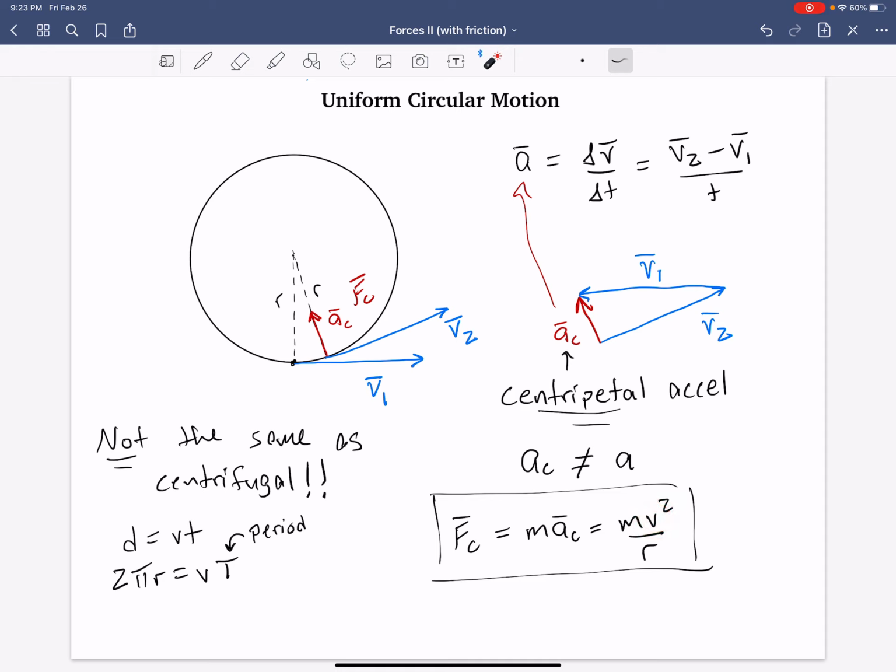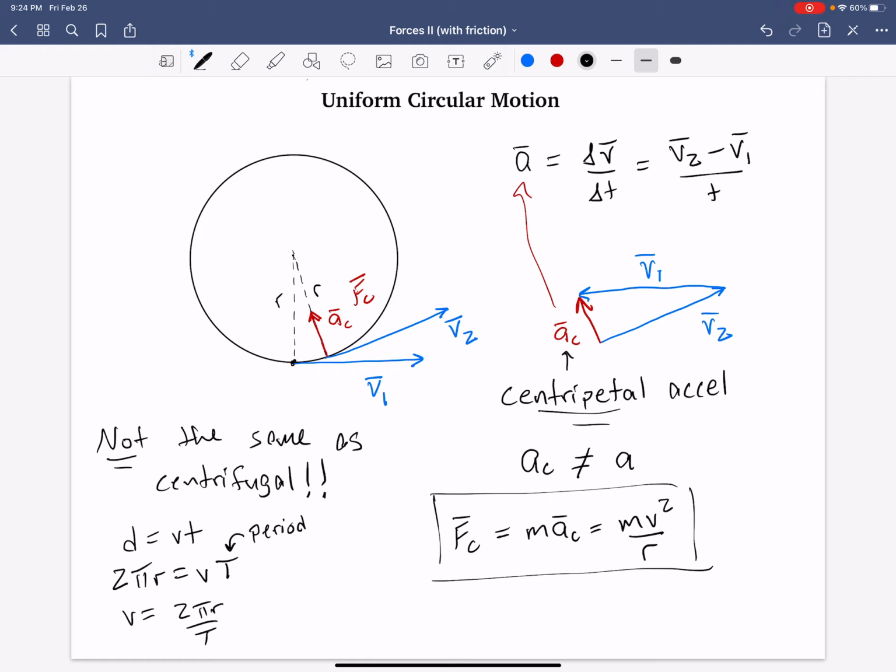That's also the linear speed. So v equals 2 pi r over T. Notice the units. The 2 pi is in radians, so that's really unitless. R is in meters, that's a distance, and T is in seconds because it's a time. So the overall units of this is still meters per second, and we're good.